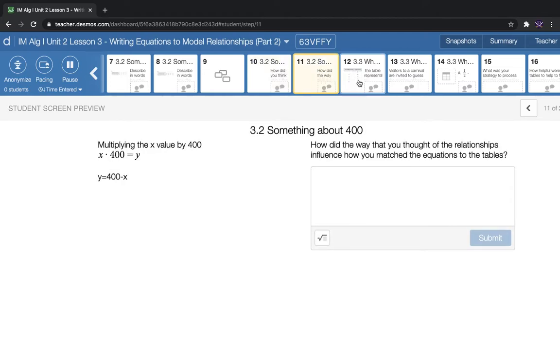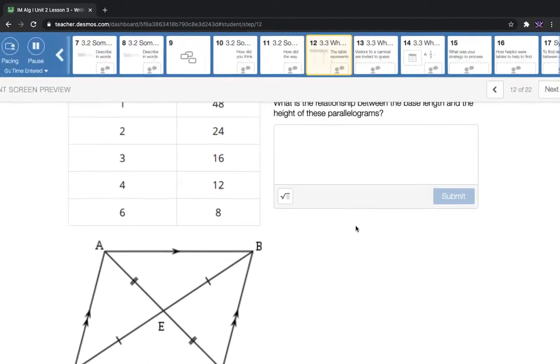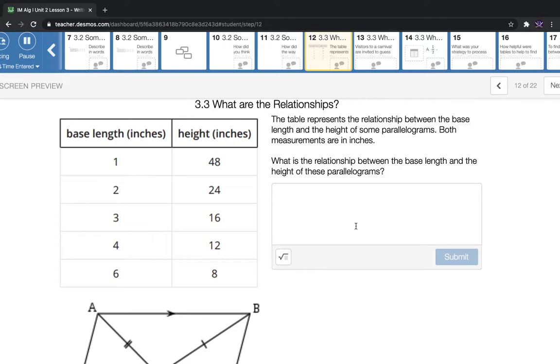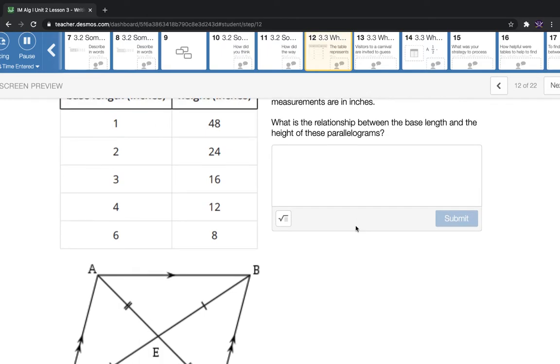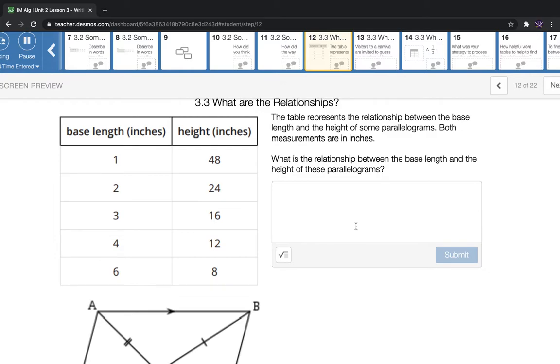Okay, let's go ahead and bump to here. So here it says, the table represents the relationship between the base length and the height of some parallelograms. Both measurements are in inches. What's the relationship between the base length and the height of these parallelograms? Okay, so we look here, and what do we see?